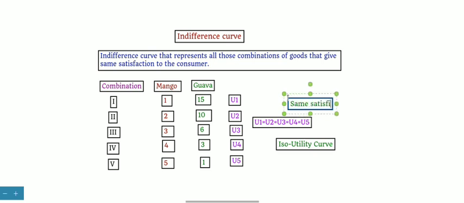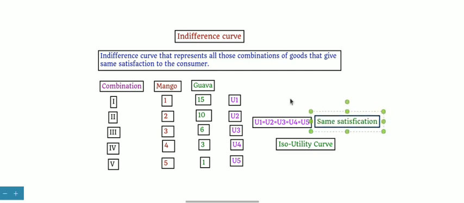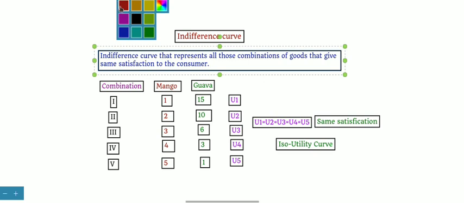Thus all these combinations will give him the same happiness, satisfaction. So the indifference curve is defined as the curve that represents all those combinations of goods that give the same satisfaction to the consumer. When we draw a curve for this data, we will get the indifference curve.